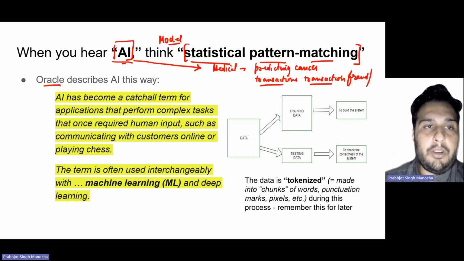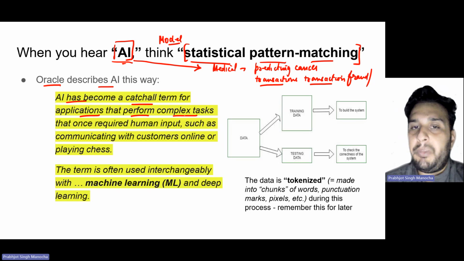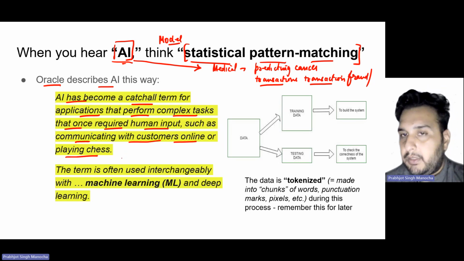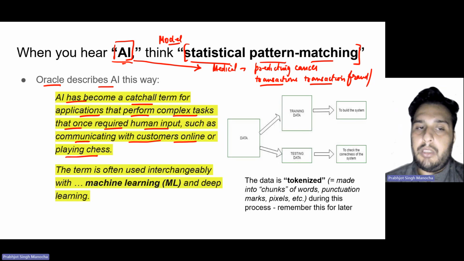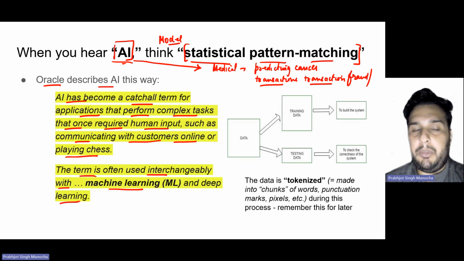So we talk about Oracle. It described AI in such a way that it has become a catchall term for applications which perform complex tasks that once required human input, such as communicating with customers online or playing chess. The term is often used interchangeably with machine learning and deep learning.